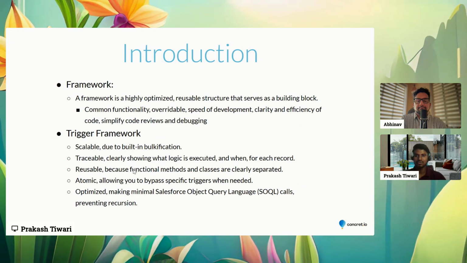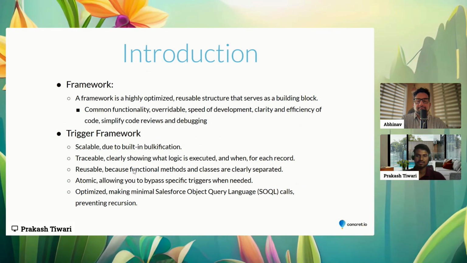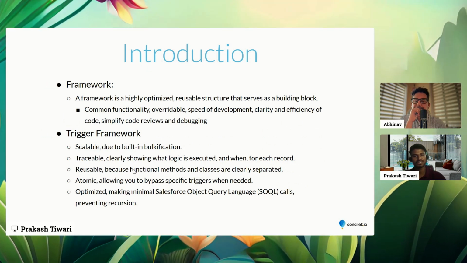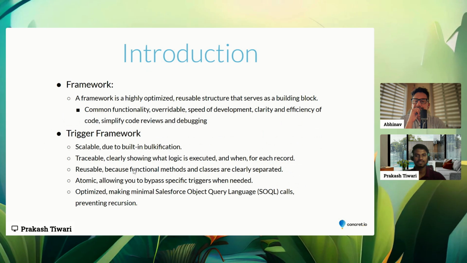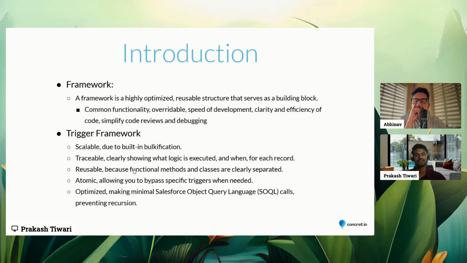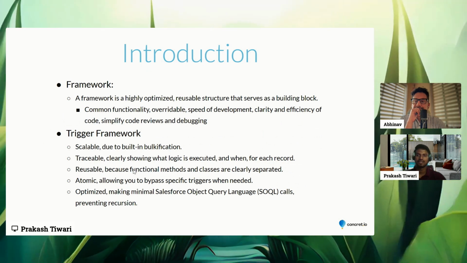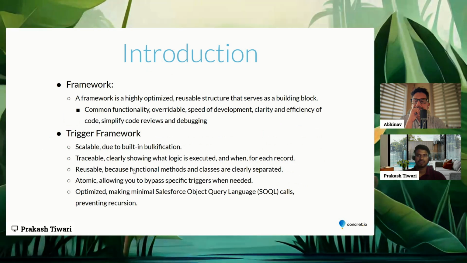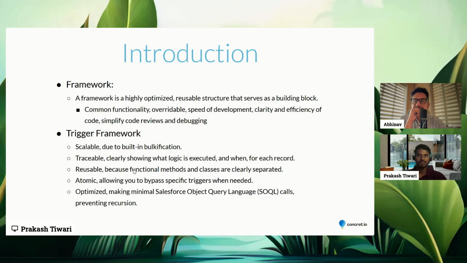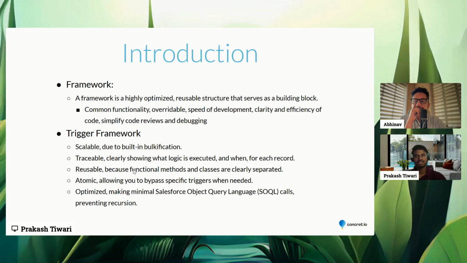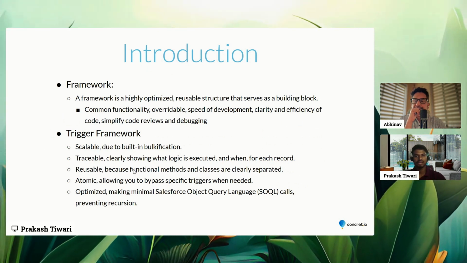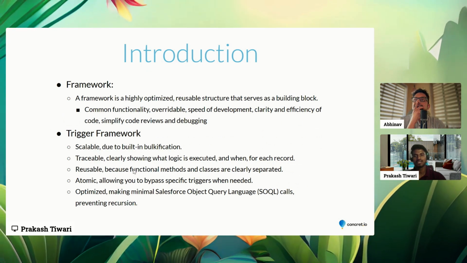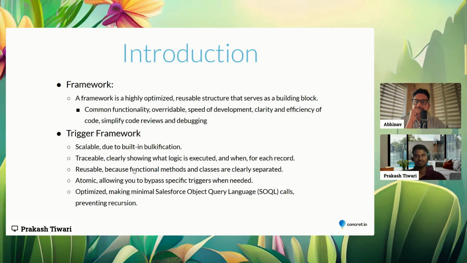So we have to choose an Apex trigger, which is more capable of performing complex operations that we cannot do using flow and process builder. The same feature we discussed for frameworks, common capability in defined places that we can override, is what we need for the trigger framework, known as the Apex trigger framework.